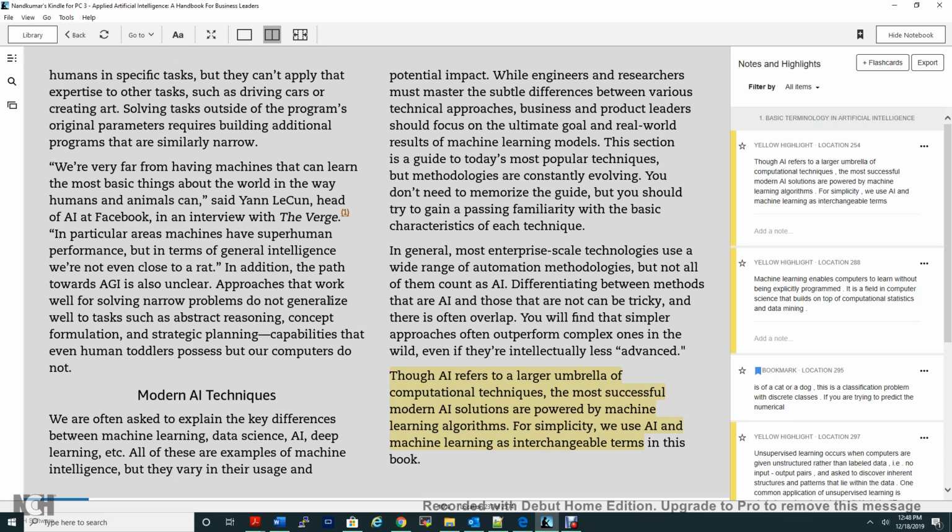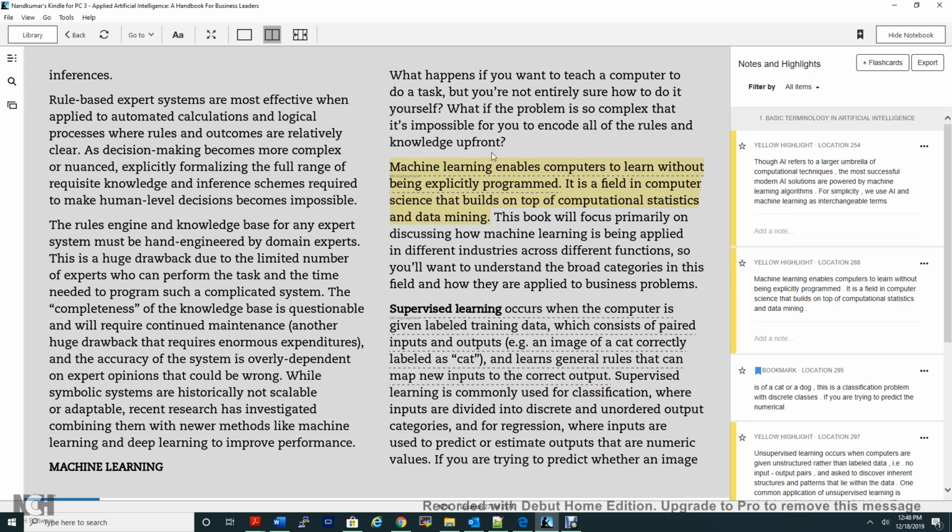The most successful modern AI solutions are powered by machine learning algorithms, so that is described in the first chapter of the book. Then it describes what machine learning is. Machine learning basically enables computers to learn without being explicitly programmed.